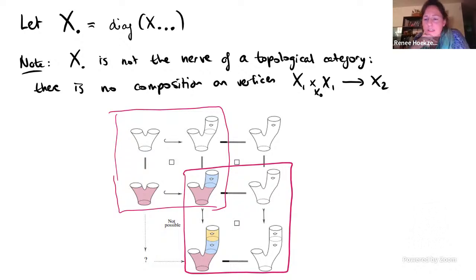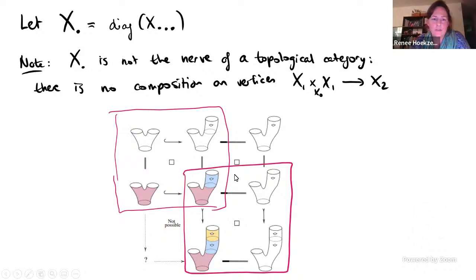It's good to note that this diagonal, you might want to think of as the nerve of a topological category, but we can't. In order for that to be true, you would have to be able to compose two cubes that share one vertex. But that already doesn't work on the level of just squares.